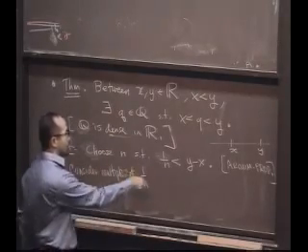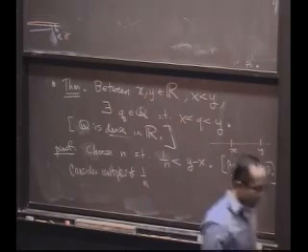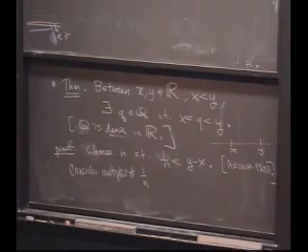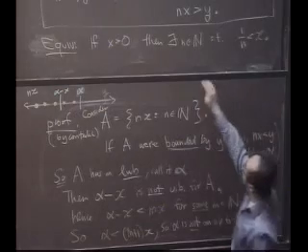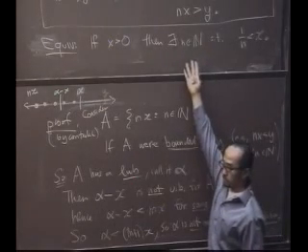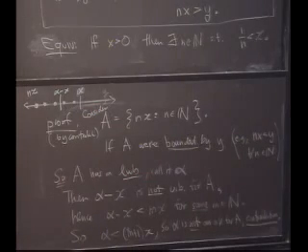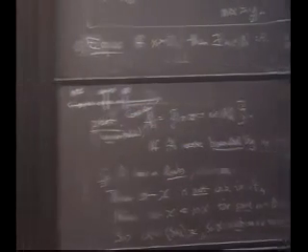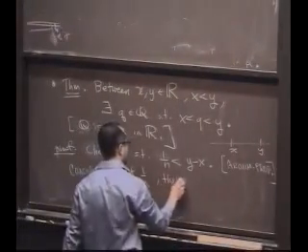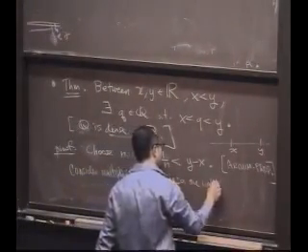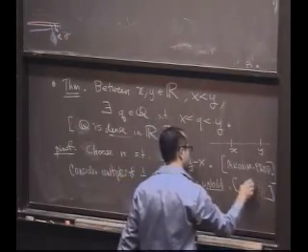Start multiplying: 1 over n, 2 over n, 3 over n, 4 over n, 5 over n, etc. What do you know about the multiples of anything, also by the Archimedean property? They're unbounded. They'll get as large as you like. So these are unbounded by the Archimedean property also.